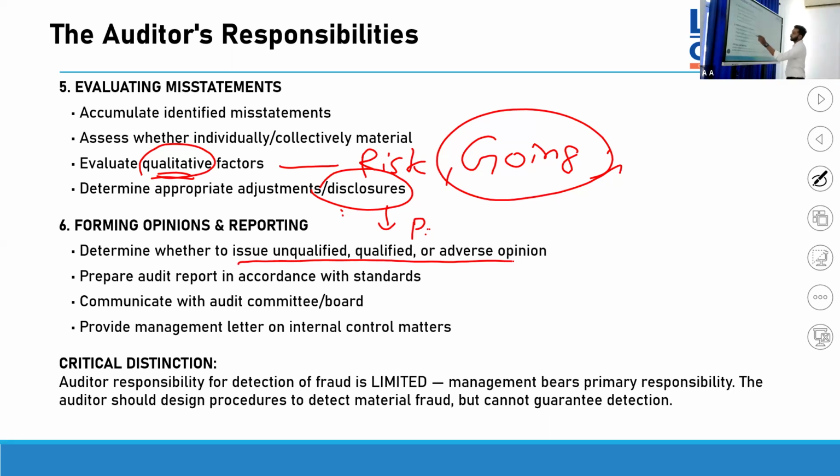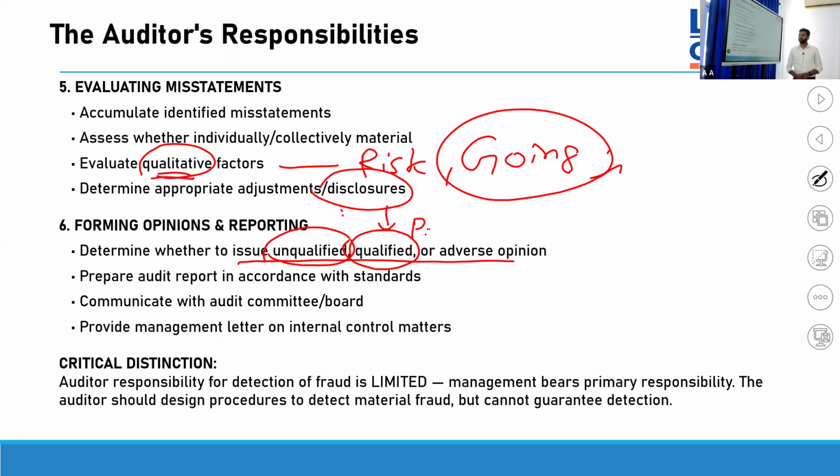Now you all are familiar with these terms, right? Unqualified opinion, qualified opinion, adverse opinion. Hope you all are familiar with these terms and hope you know the way how to form this kind of opinion and all, right? I hope so.